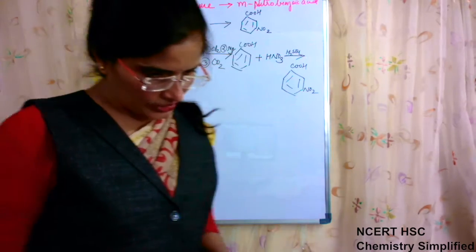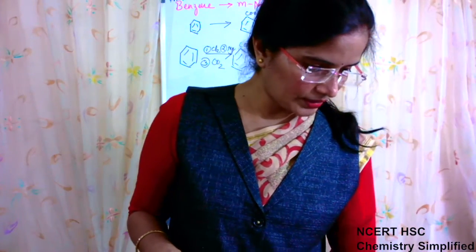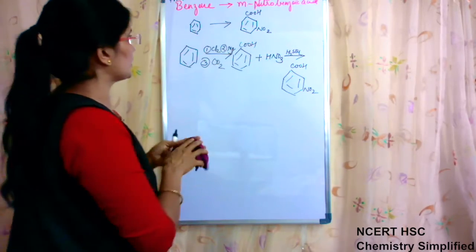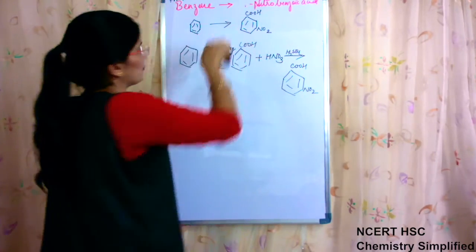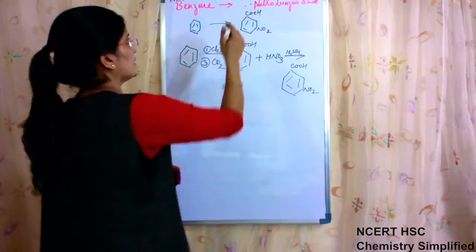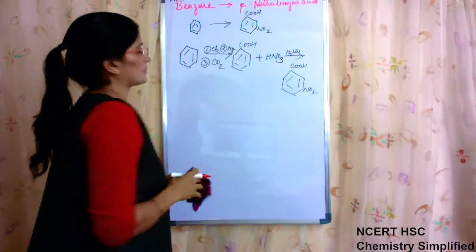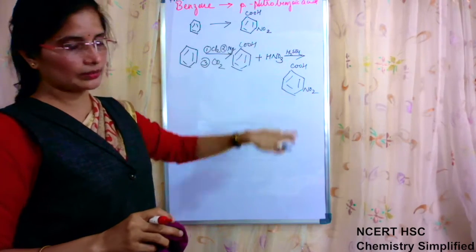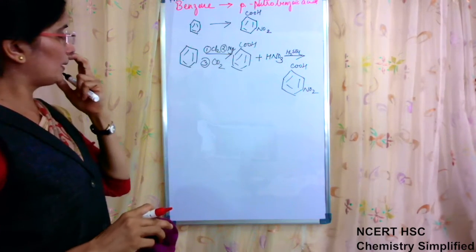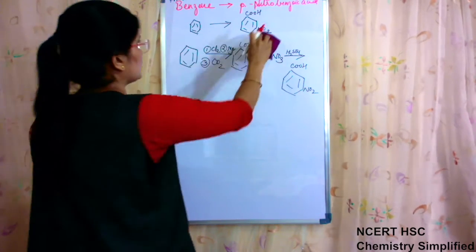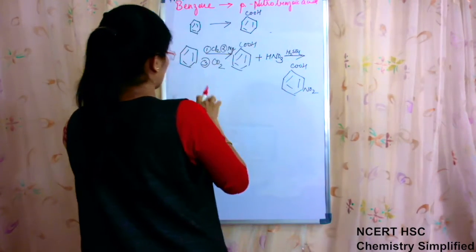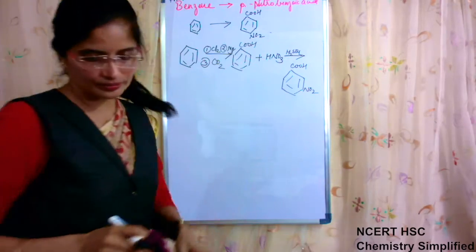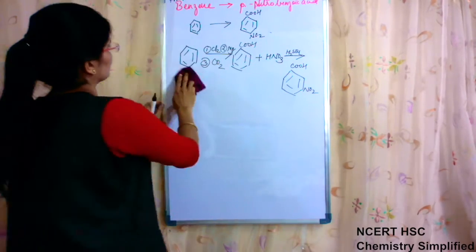Now next conversion in this is para-nitrobenzoic acid. Instead of M-nitro, if they ask you to convert it into para-nitro, then it is a little difficult for us. Why? Because acid group is meta-directing, not para-directing. In the next conversion, this nitro group is required on para position, not on meta.